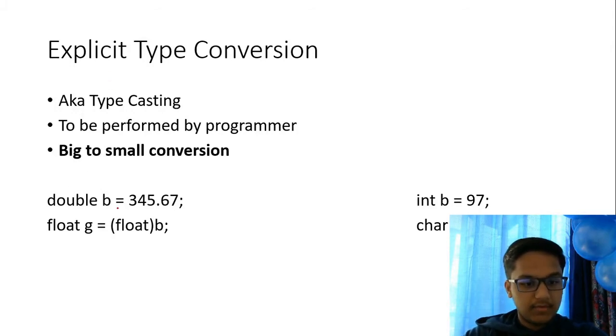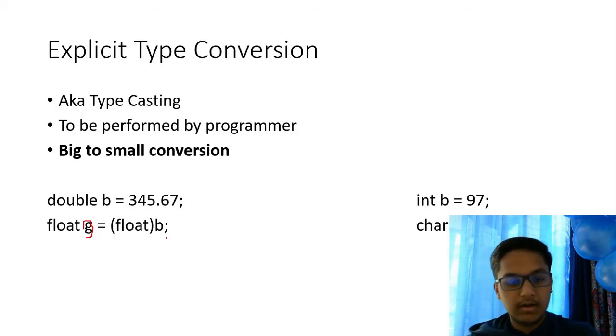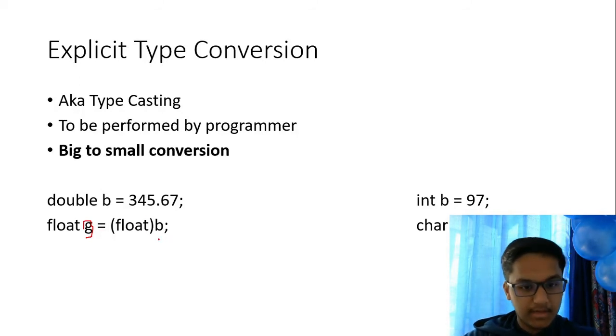So let's say we have double b is equal to 345.67. So this is a double. And let's say we want to convert this double to float. So it's a conversion from a larger data type to a smaller data type, double to float. The way we do this is we put the particular data type to which we want the variable to get converted in brackets, and then we put the particular variable or literal.